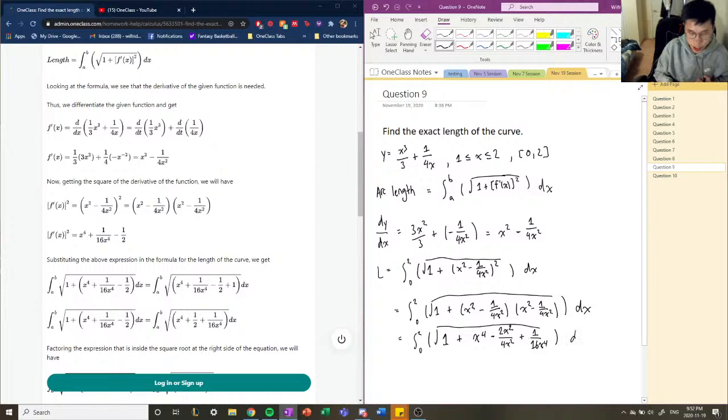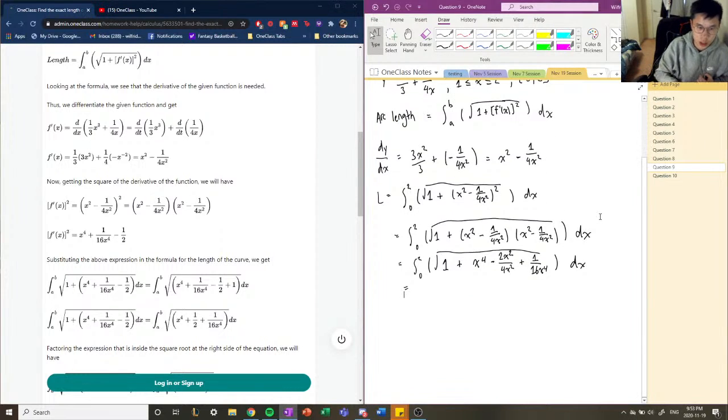This can be simplified to 1 plus x to the power of 4 minus 1/2 plus 1 over 16x to the power of 4. Cool, so we end up with this integral after a lot of calculations.